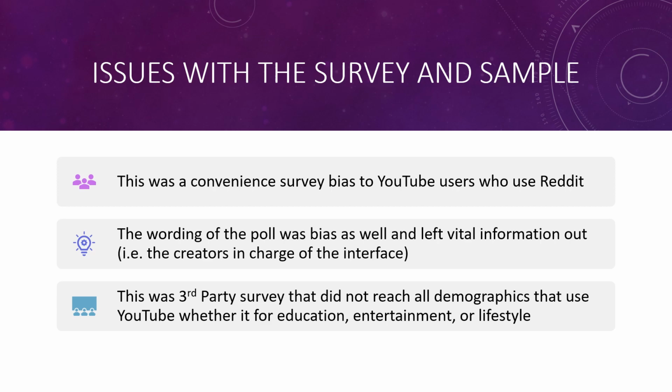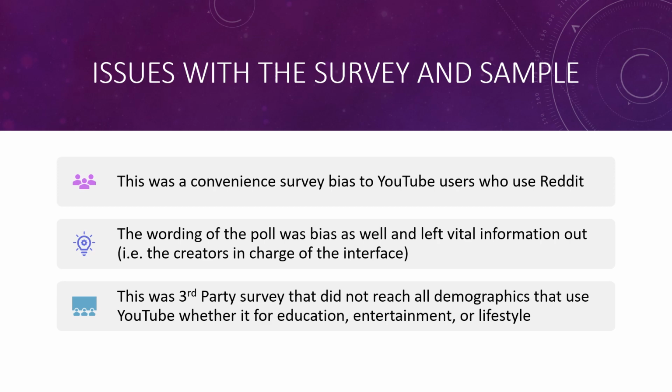And then this was a third-party survey that did not reach all demographics that use YouTube, whether it's for education, entertainment, or lifestyle. You have to imagine how many people use YouTube. There are all different demographics, but this targeted only a small demographic, which left it as biased as possible and not random at all.